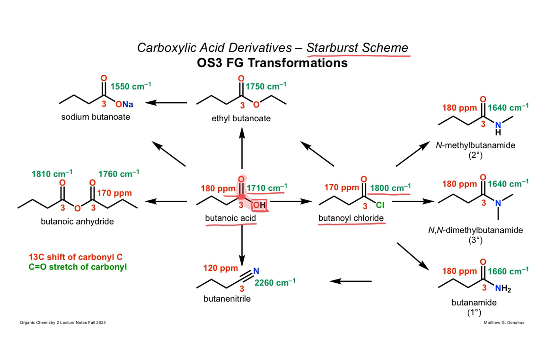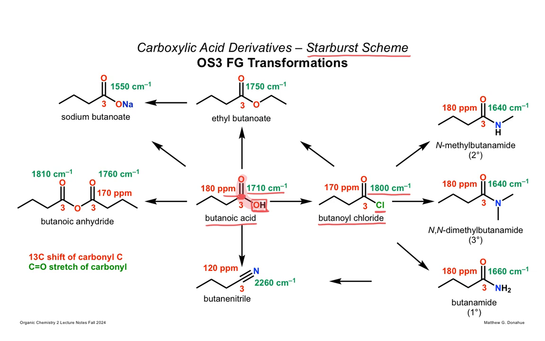And the carbonyl carbon shifts a little bit, 10 ppm. So really, the IR is probably more diagnostic for these functional group transformations than the carbon shifts are. But once you make that, the chlorine is a really good leaving group. So you can make any other derivative from that.